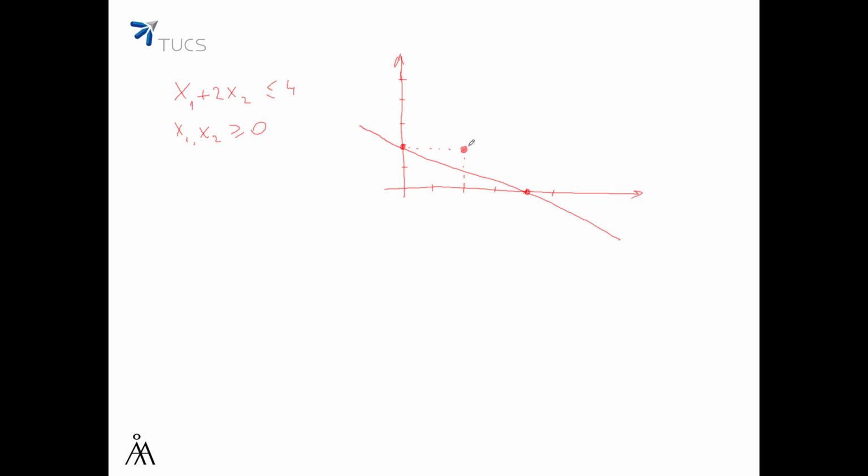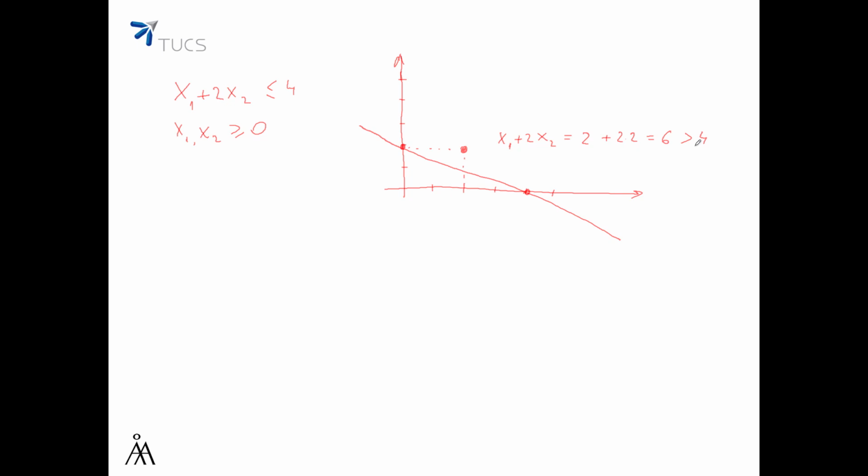(2, 2). In this case, x1 plus 2x2 is 2 plus 2 times 2, which is equal to 6, which is larger than 4. So this means that the region we are looking for must be under the line.